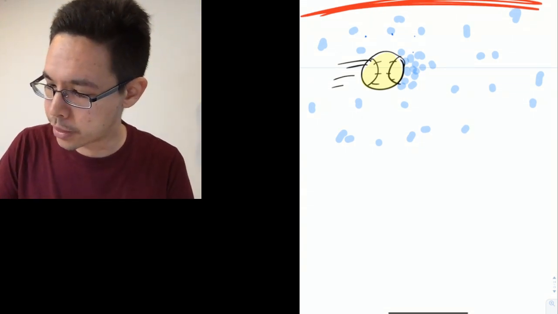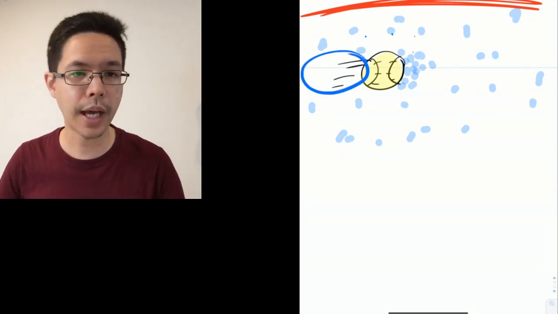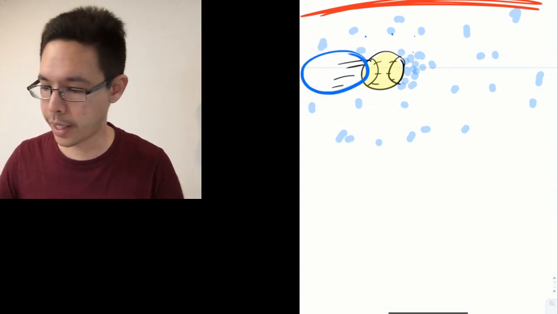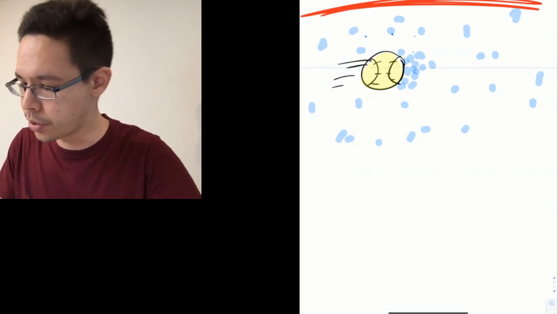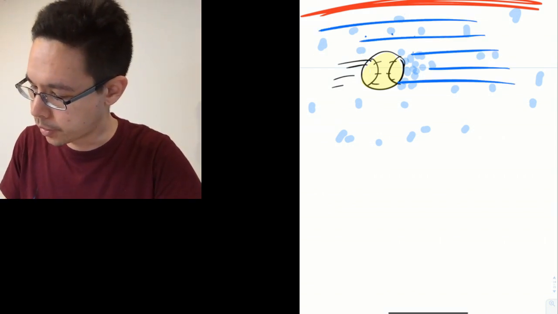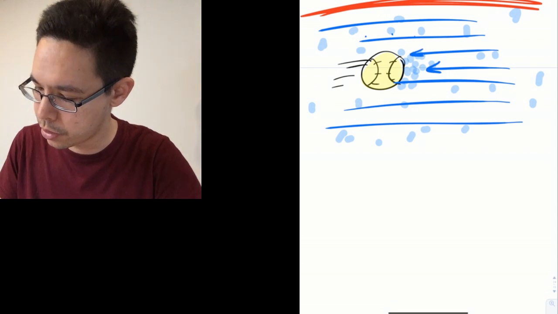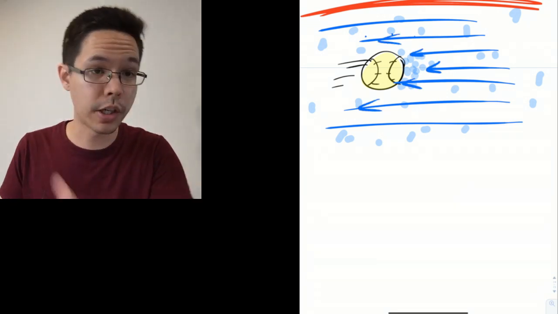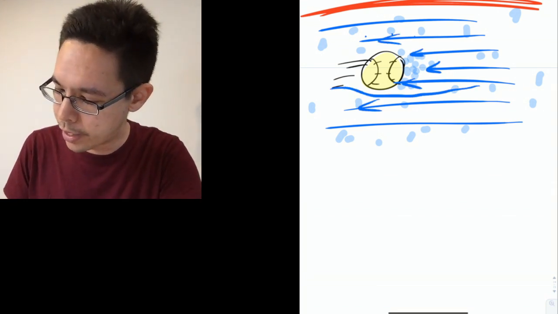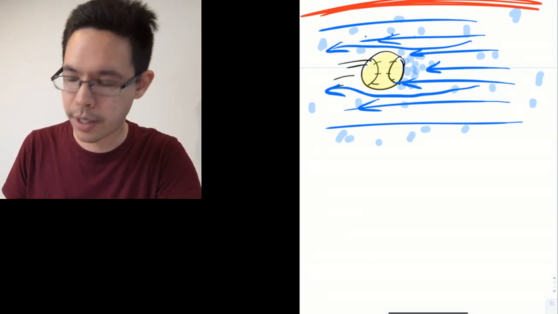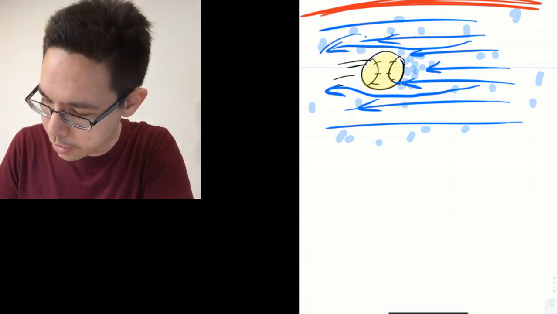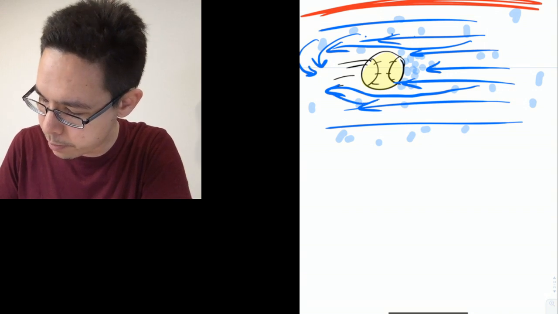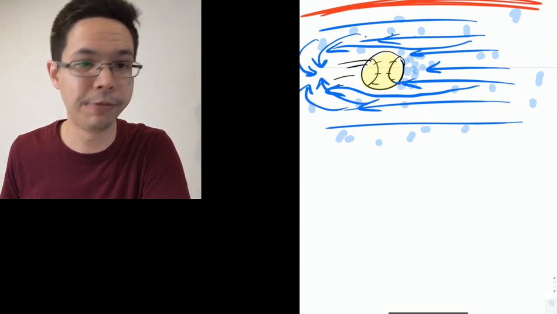Another aspect that's going to slow you down is there's going to be an empty cavity behind the ball. Think about it. As the ball's going through, air is going to slam into the front of the ball, which is going to slow it down. Air has to travel around the ball, which is still going to slow down the ball. But then the air can't get around into the back part of the ball fast enough.